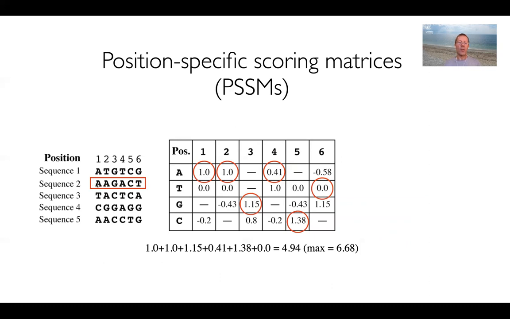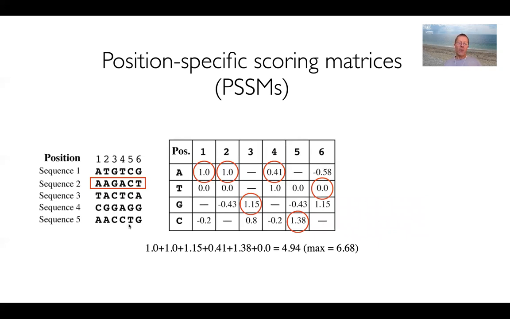So this particular one, AAGACT, the sum is 4.94. Now, if you take the maximum score, which would be AAGTCG, if you sum that, it's 6.68. So this is pretty close to the maximum score. So it means that this sequence fits the multiple sequence alignment pretty well.